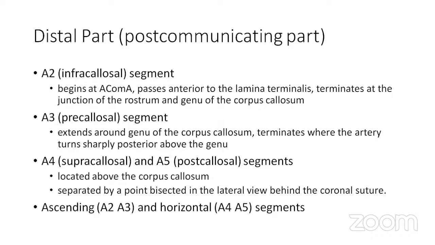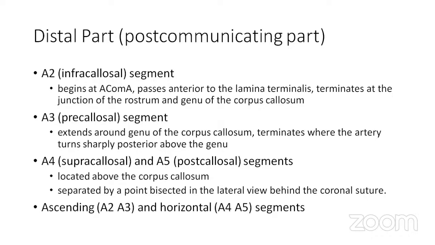Thank you, sir. So, starting from the distal part, post-communicating, it consists of A2, A3, A4, and A5 segments. A2, the infracallosal segment, begins at the ACOM, anterior communicating artery, passes anterior to the lamina terminalis, and terminates at the junction of the rostrum and genu of the corpus callosum.